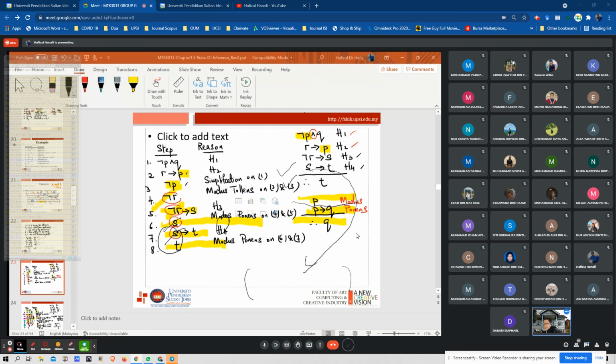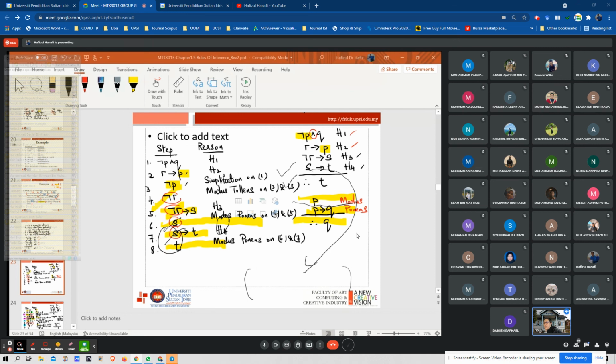Modus ponens: if A is true, then B is true, and then the conclusion is A is true. Here, going by the tree simplification, we have modus tollens on 2 and 3. R, P and Q, and then negate P and Q, and then we have R implies P, and then we negate on 1.